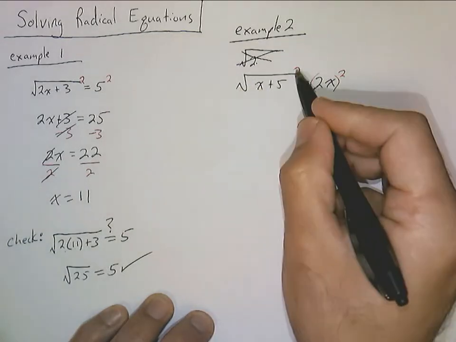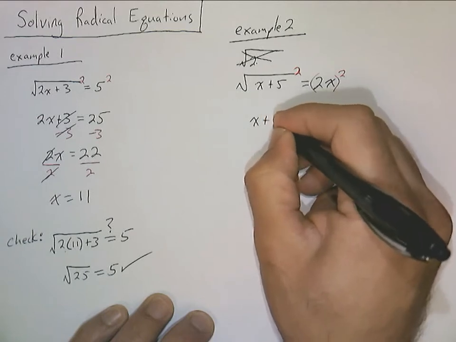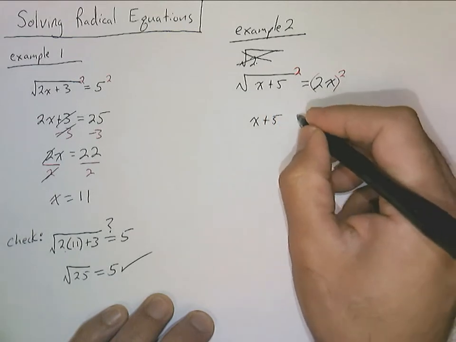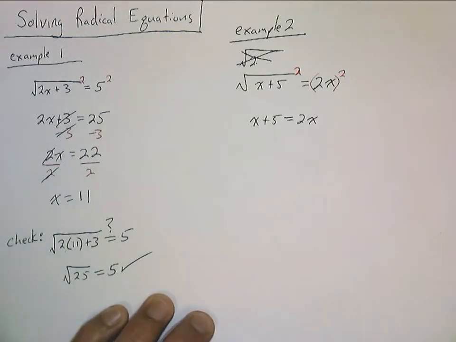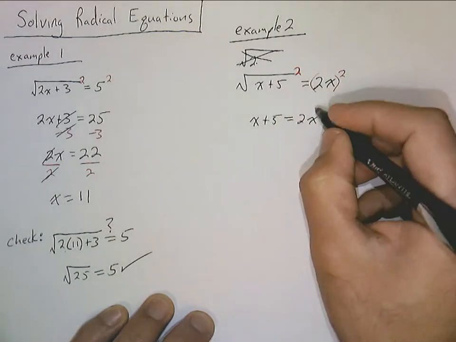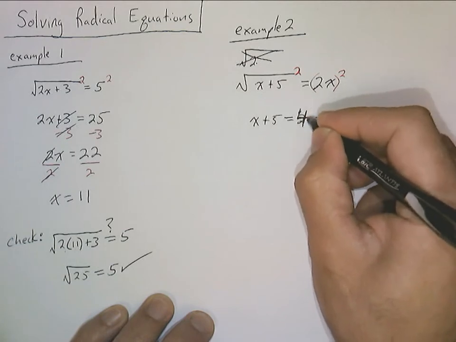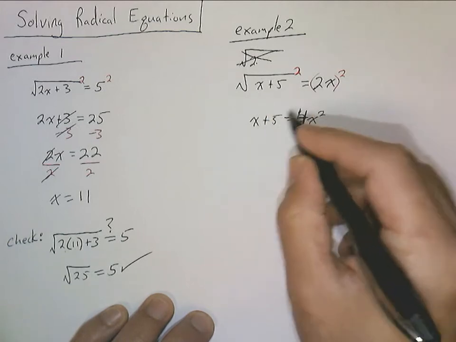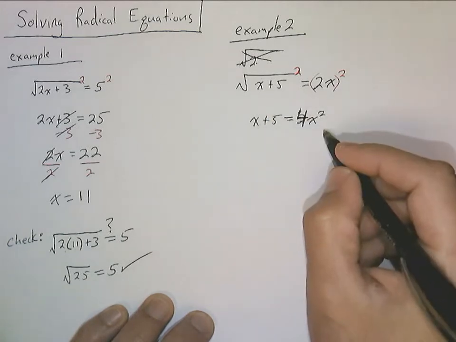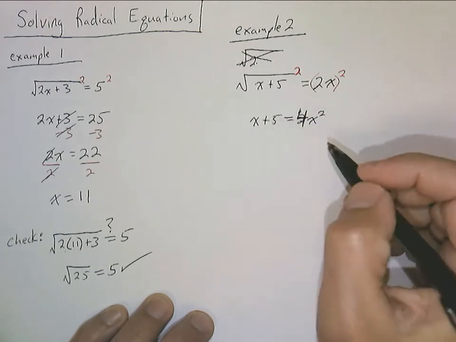So now the square of the square root, those cancel each other out. So now we have x plus 5 is equal to 2x squared, which would be 4x squared. And so now we really have a quadratic equation. So to solve a quadratic equation, we need it equal to 0 on one side.